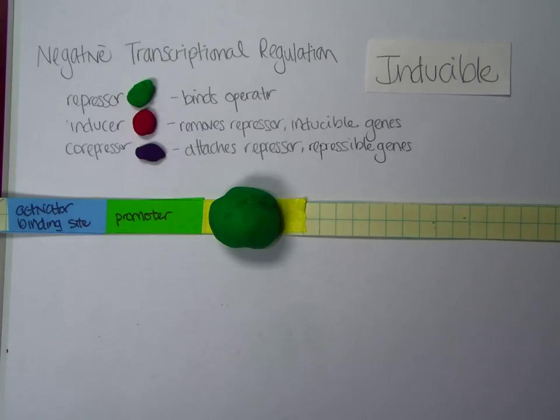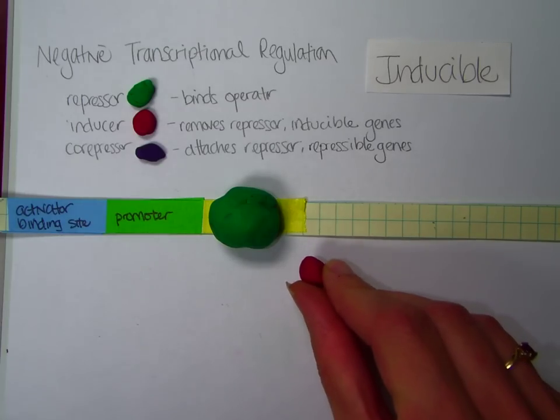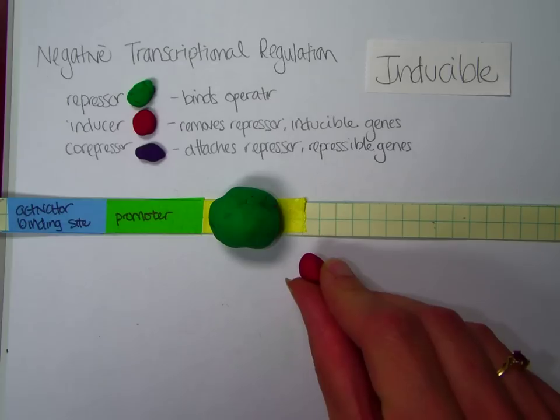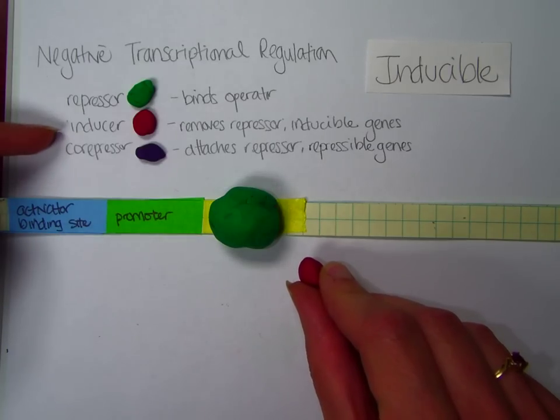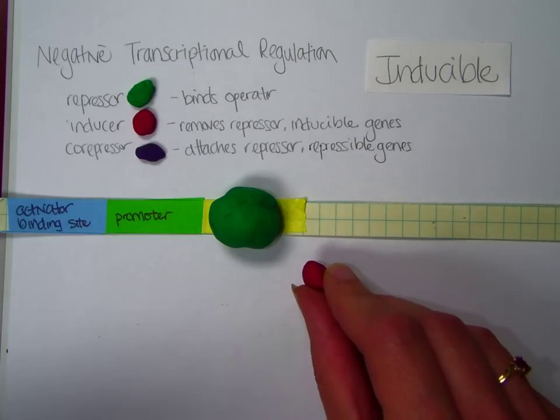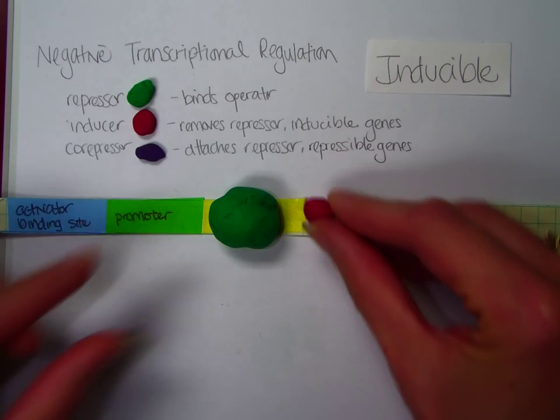When we do encounter the nutrient, then we're going to have either the nutrient or a metabolite of the nutrient come into the cytoplasm, and it's going to function as the inducer. The inducer is an effector molecule. It's going to bind to the repressor and change the shape of the repressor. Okay?